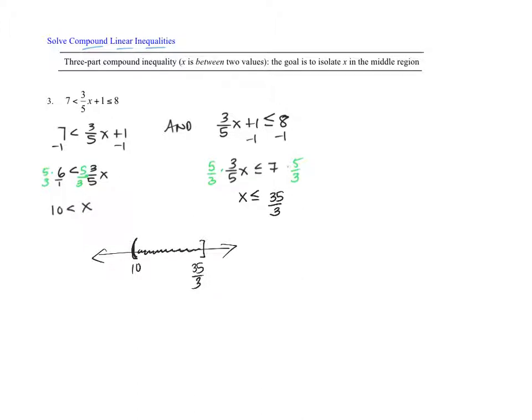And then our interval notation would be going from 10 but not including it, so that's when we have our parentheses, up to 35 thirds and including it. So there's our interval. And then our set builder, we would have the set of all x such that 10 is less than x, which is less than or equal to 35 thirds.